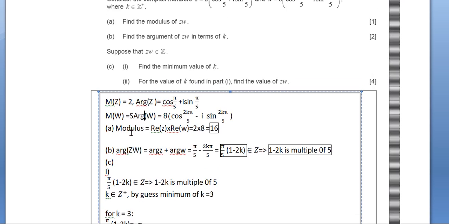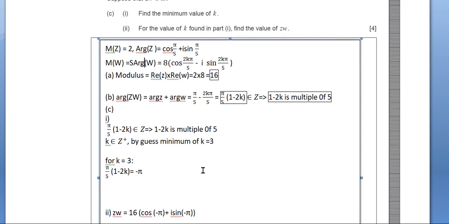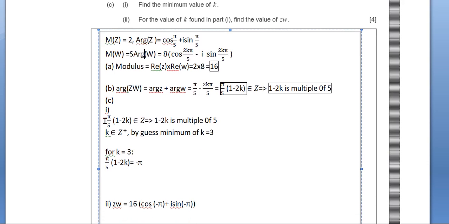Now find the minimum value of k. Because the argument belongs to integer numbers, 1 minus 2k is a multiple of 5. k belongs to positive integers, and by guess the minimum of k is 3.